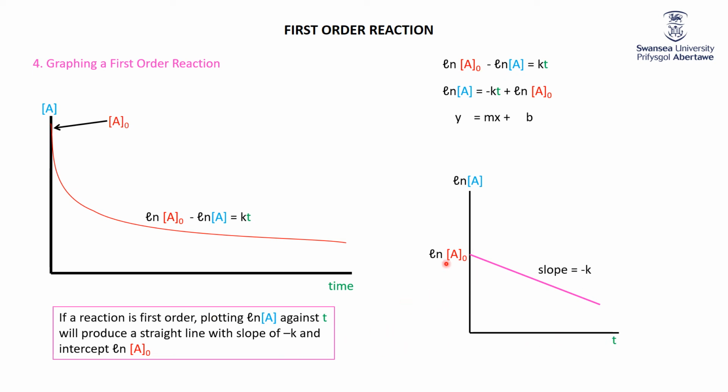The intercept is the log of A0. That's not a whole lot of good because you always know what you start with. But what's really cool is this slope, the value of which is minus k. Anytime you can take your data and plot a straight line out of it, it's lovely. You'll get much more accurate, more precise data if you can fit a straight line to it. Plotting log of A against t for a first order reaction allows us to get a straight line, slope of minus k.